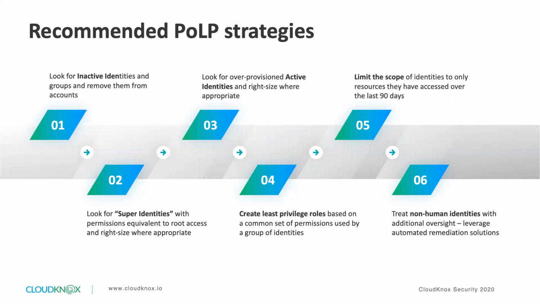Secondly, look for super identities. Those are ones with permissions equivalent to root access or administrator access, and ensure those are right-sized where appropriate. Not only is that a huge risk, but again, it can cause huge impact to the environment and disruptions if one of those super identities is used either intentionally or accidentally to disrupt the environment as a whole.